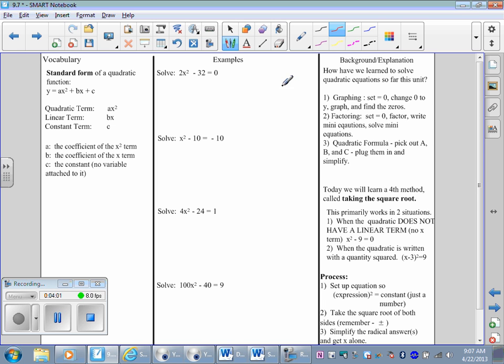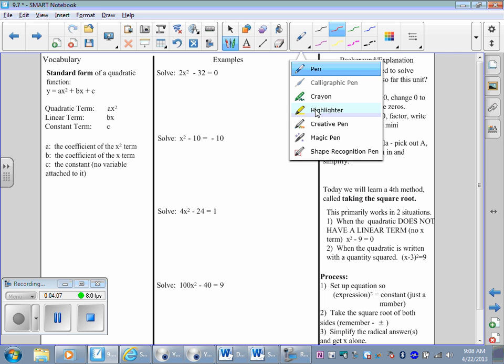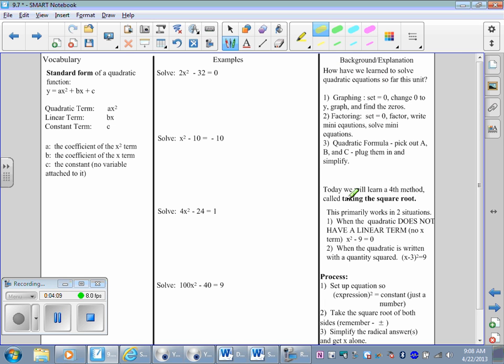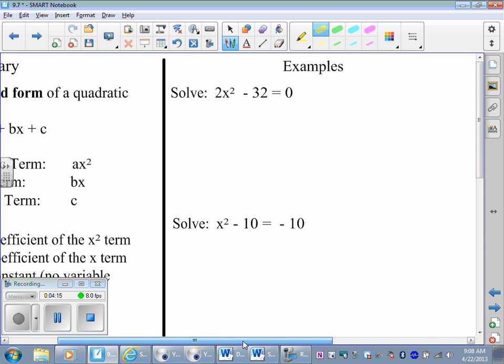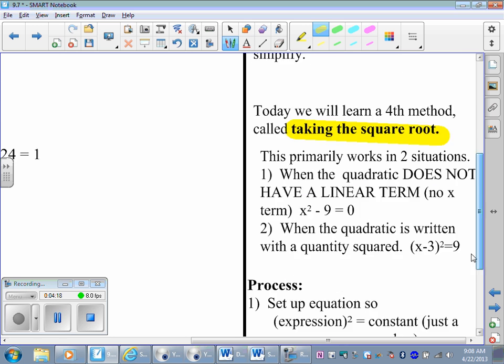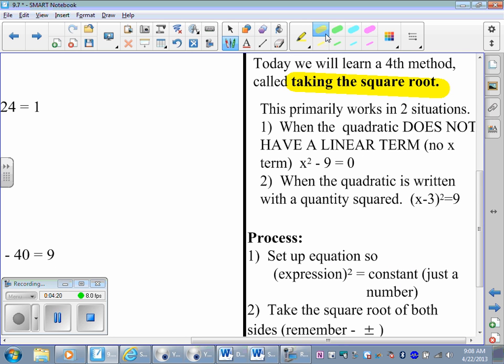Now, again, here's a reminder of the 3 methods we've used. And today we're going to be learning how to solve by taking the square root. It's important that we realize when this works and when it doesn't. This primarily works in 2 situations.